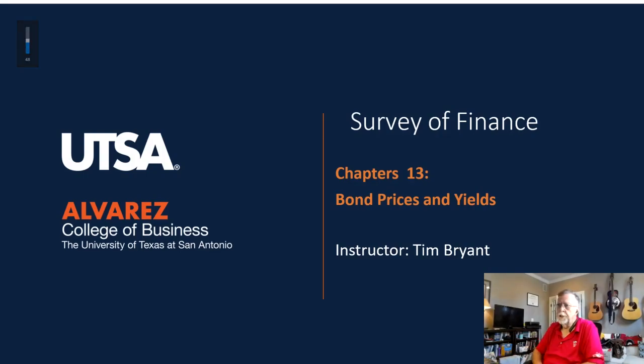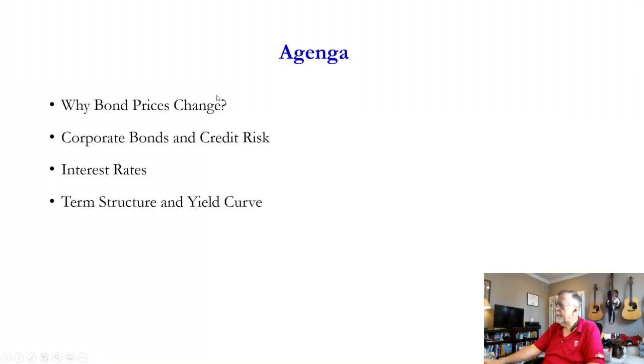So let's continue our discussion on bonds, especially the relationship between interest rates and bonds, and then we'll get into zero coupon bonds in this concept video as well. One important thing to realize is interest rates greatly affect bond prices.